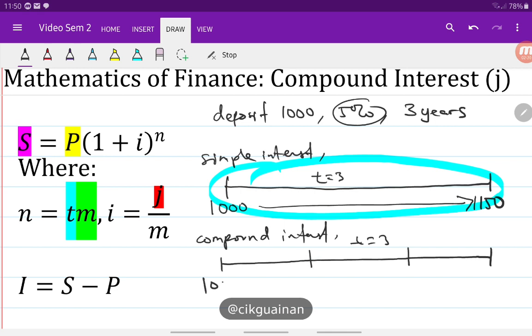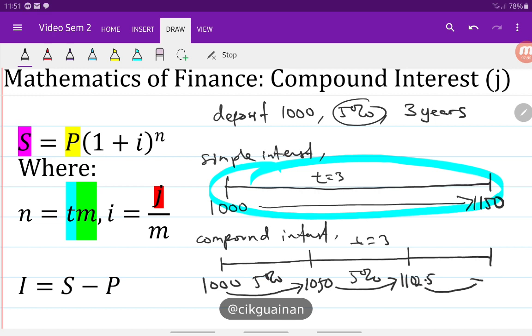So this 1,000, we calculate 5%. 5% of 1,000, what do we get? 1,050. Then we calculate one more time, 5% some more, and we get 1,102.5.